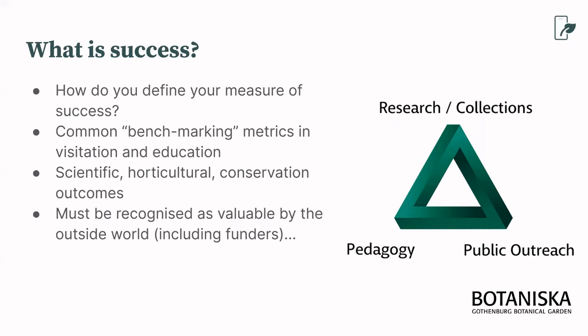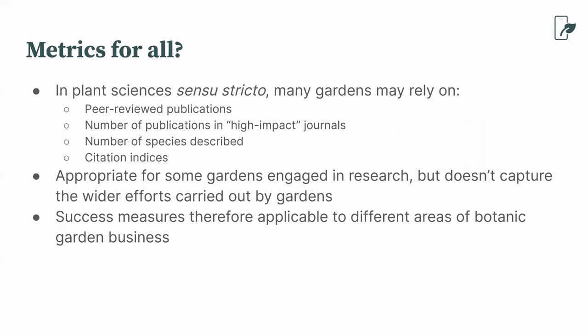And if we think particularly from a plant science perspective, your garden might rely on things like peer-reviewed publications. If you're engaged in a lot of science work and taxonomic research, it might be publications in journals that are either high impact or just journals generally, or you might be involved in describing a lot of species.